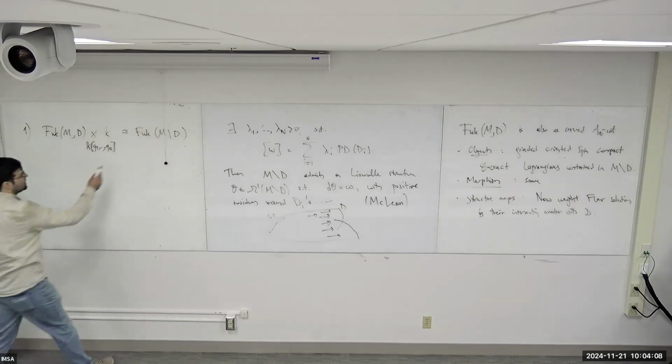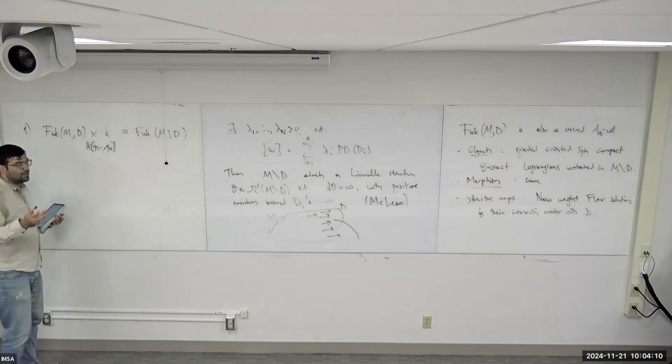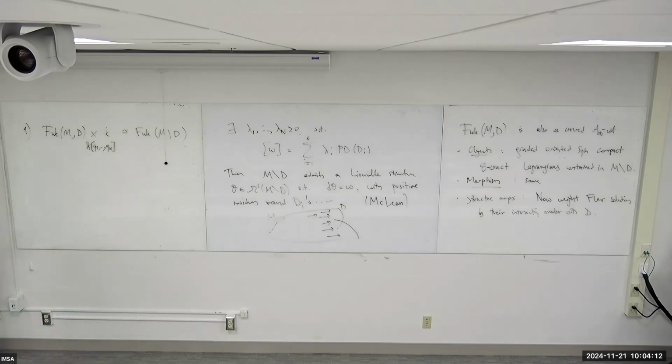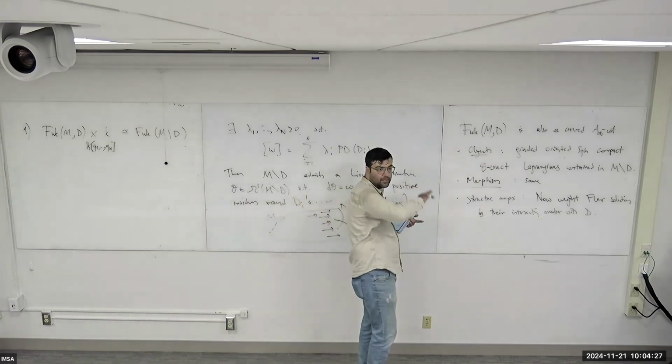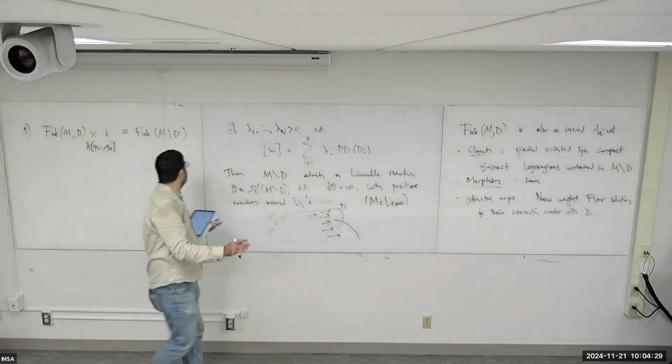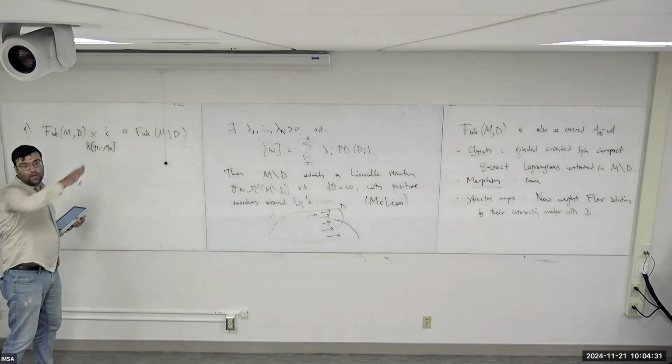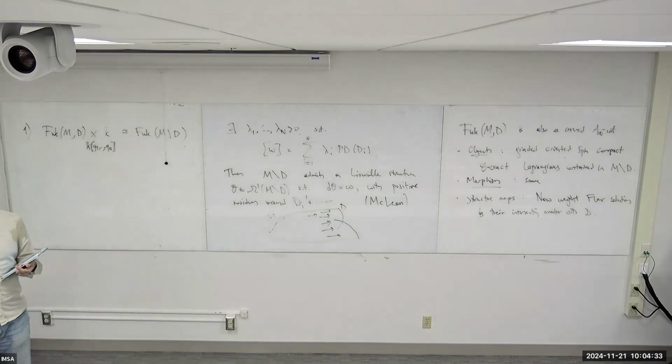I'm only considering Lagrangians which live in the complement, are exact, compact, and now they're just not allowed to interact with D at all. Here, everything's happening everywhere in M. Here, it's happening in M minus D. So setting all of these formal variables to 0 has that effect.